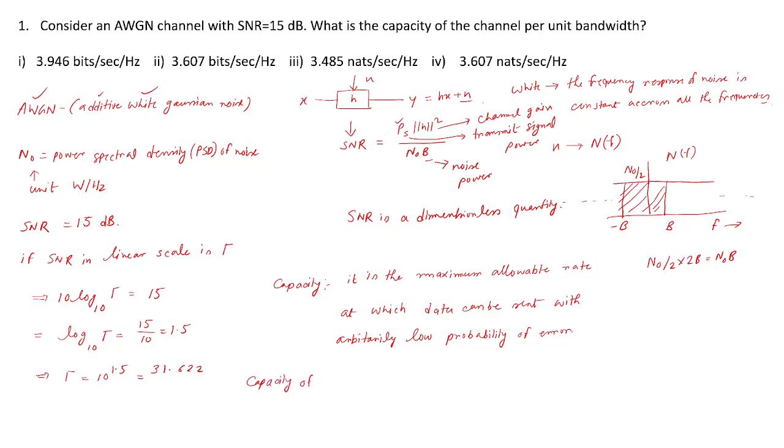The capacity C is given as B, the bandwidth of the channel, times log base 2 of 1 plus capital gamma, in bits per second.